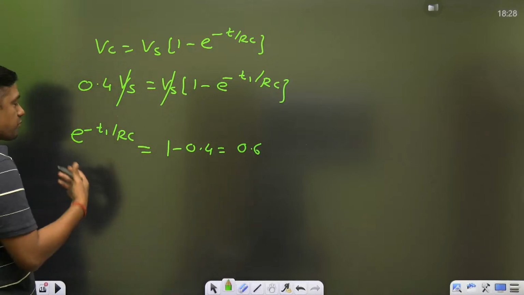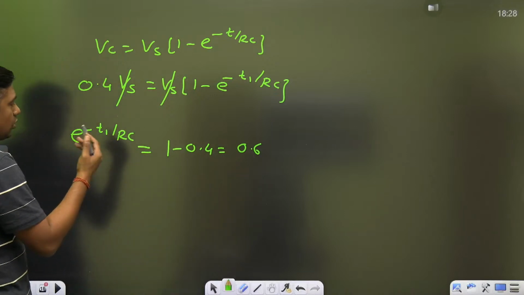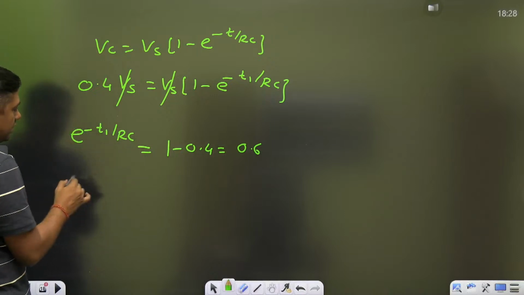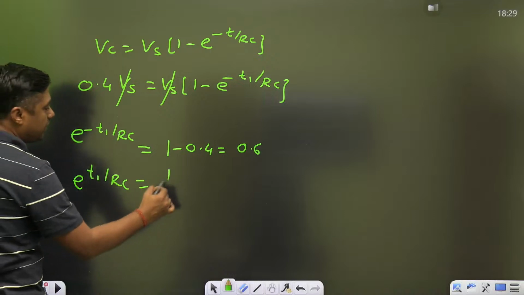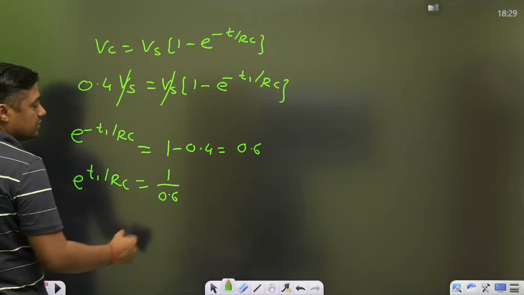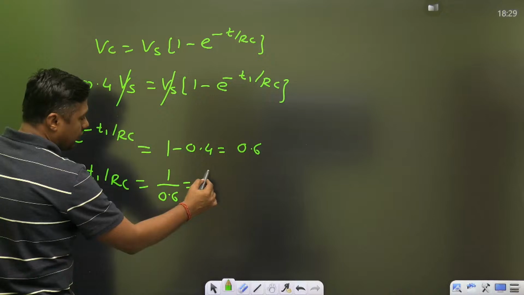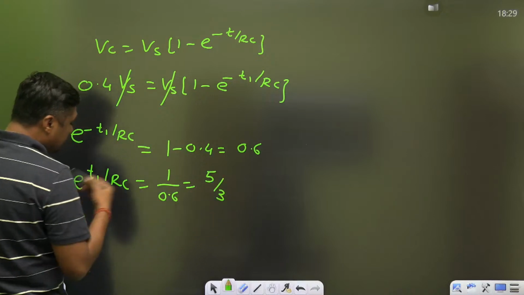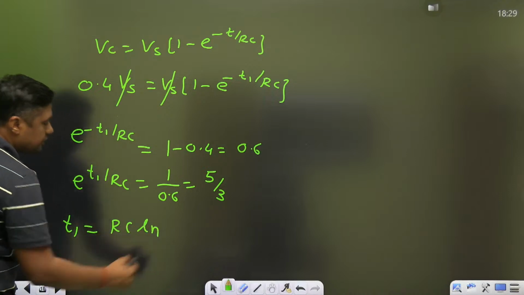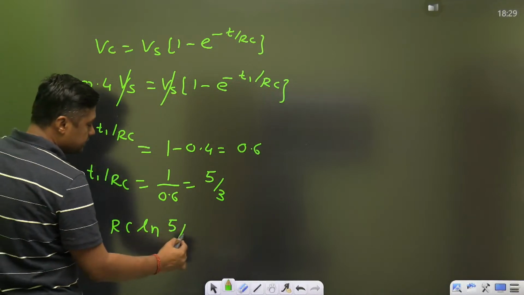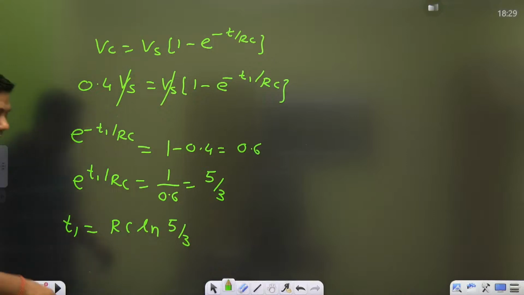Then you can take the log, or you can change it to e raised to power t1 by RC equals 1 by 0.6, that is 10 by 6 or 5 by 3. Take the log, so t1 is equal to RC log of 5 by 3.